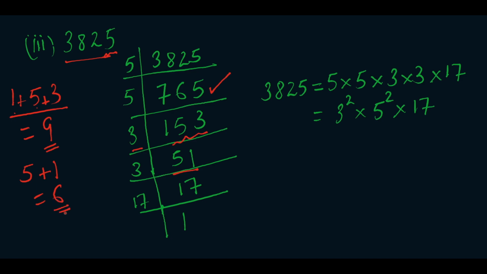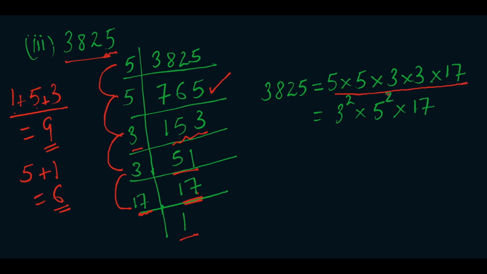So 6 is divisible by 3, and we divide it by 3 again, we get 17. And we know that 17 is a prime number, so 17 ones are 17. So the prime factorization will be 5 multiplied by 5 multiplied by 3 multiplied by 3 multiplied by 17.